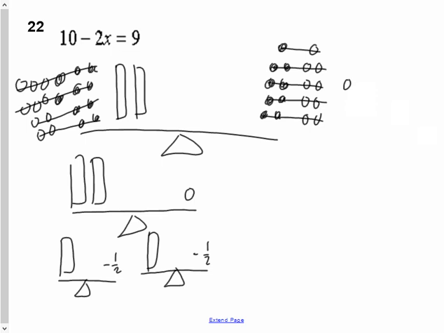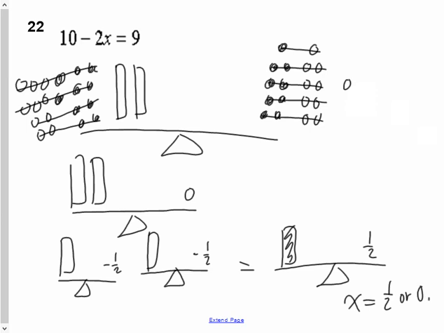If 2 negative x's is equal to negative 1, then each of these must be worth half of a negative, or a negative half, which means that a positive x is equal to a half. You can write it as a fraction, but it's too hard, so I don't bother. 0.5. Whichever one you want to put. Decimal or fraction form's fine.